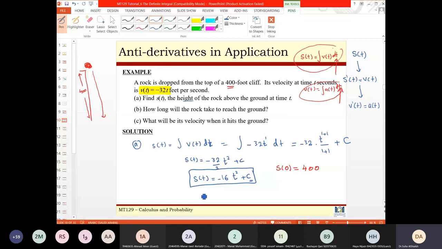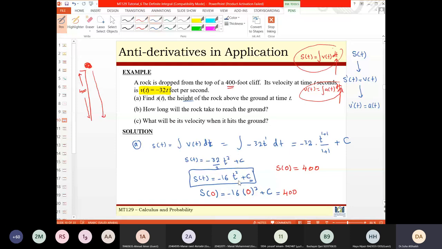So I came to the formula. It is not 0 because the height was 400. Now if it were the opposite, if I were throwing it from bottom to top, then when the time is 0 its height would be 0. But it is the opposite, I'm coming from the top and dropping it, right? It's the opposite. Okay, so I go to the formula and substitute with time 0, and this equals 400. So I get s at 0 equal to minus 16 times 0 squared plus c, and this equals 400.